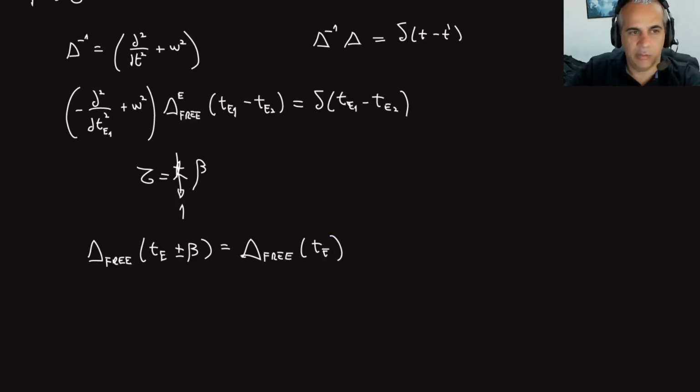And one can prove that there's only one solution to that equation for this interval of time between 0 and beta, which is the cyclic condition. And that solution, that's a good exercise, is showing that this is the only solution, and the solution is this. I won't do it in detail here.